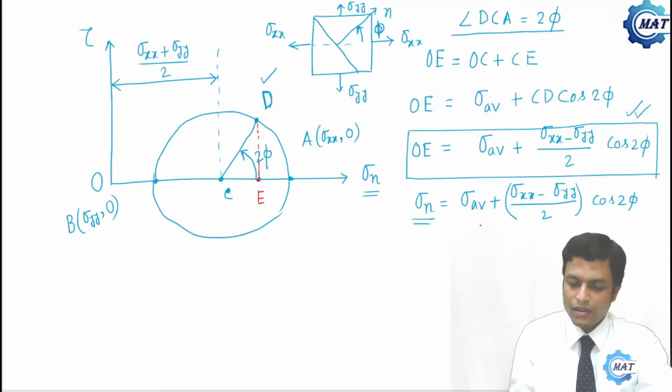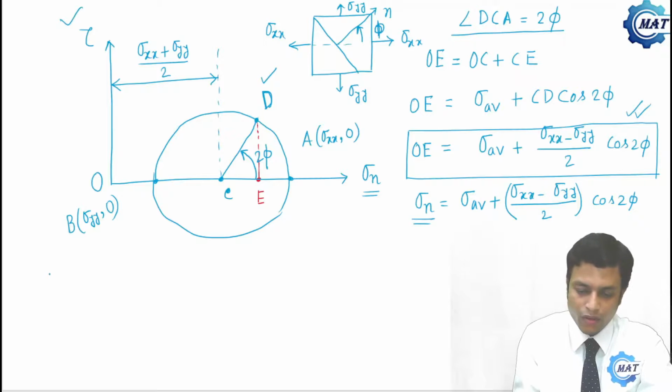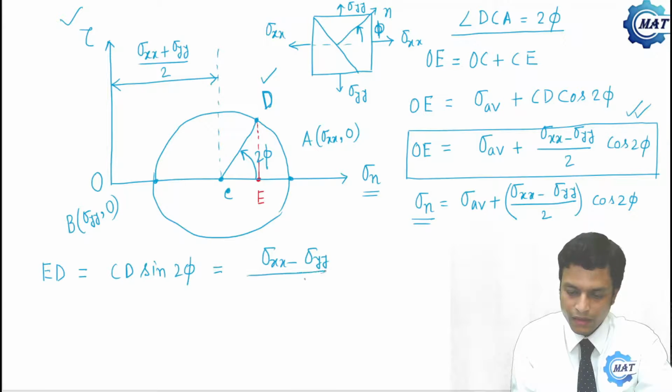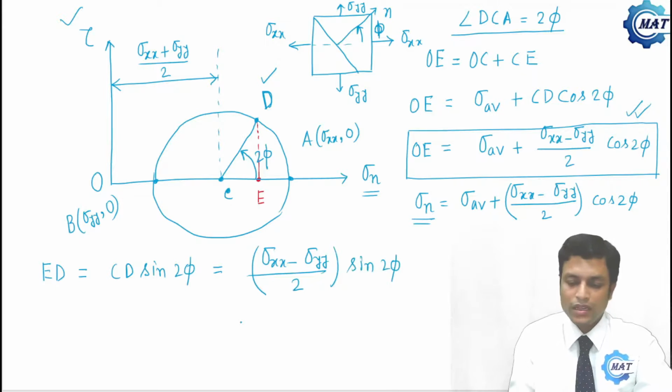Similarly, if we take the tau coordinate of D, what is it? The tau coordinate of D is ED. What is the value of ED? That is CD sine 2 phi, that is (sigma XX minus sigma YY) by 2 sine 2 phi, which is exactly the same as the expression of tau.